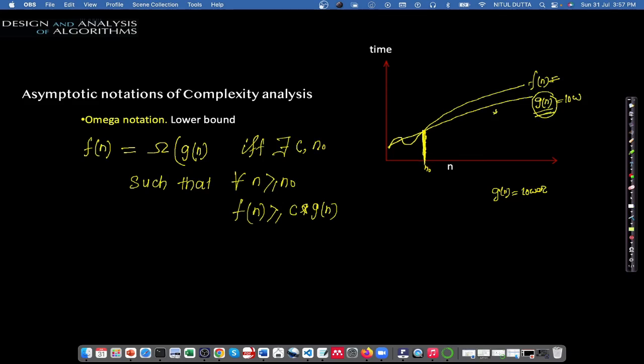Before that, maybe the function g(n) at this point is higher than the function f(n). However, after the point n naught, the function g(n) is always below the function f(n). So that's why this g(n) is called the lower bound of the time complexity denoted by f(n) for the algorithm A.